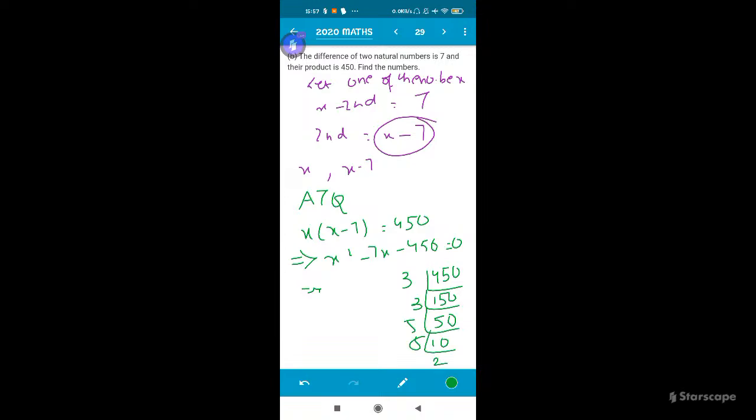We need to bring 7. 5 5s are 25, 3 3s are 9, 9 2s are 18. 25 minus 18 is 7. So we have to use 25 and 18. So x square minus 25x plus 18x minus 450 equals 0.